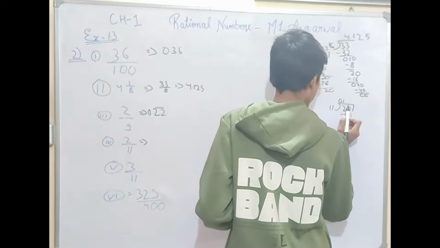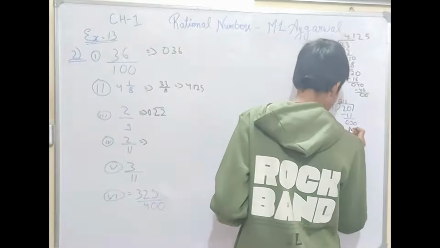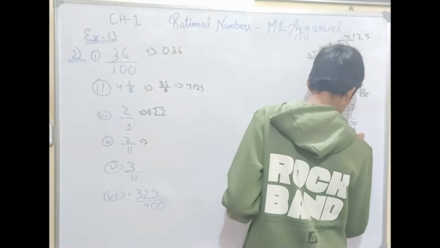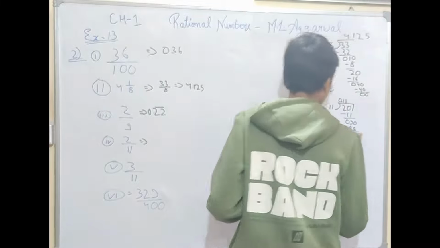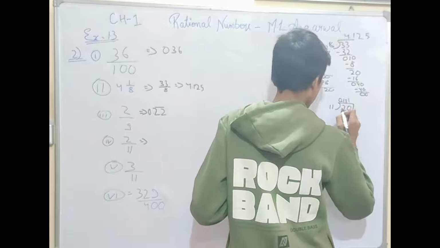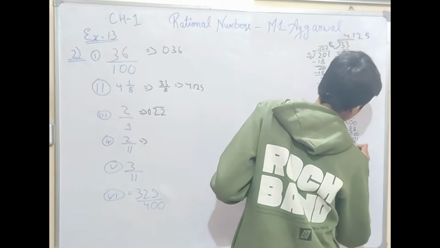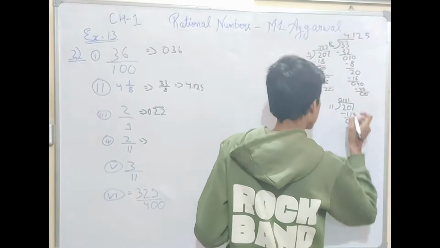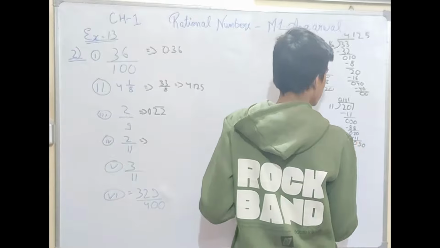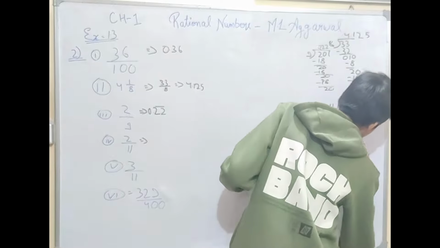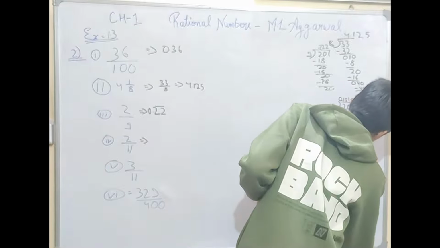So 11 8s are 88, 0, 2 decimal, so it will be 20. Then again 11, 9. So because of decimal it will be 90. So 11 8s are 88. So this is also endless times.